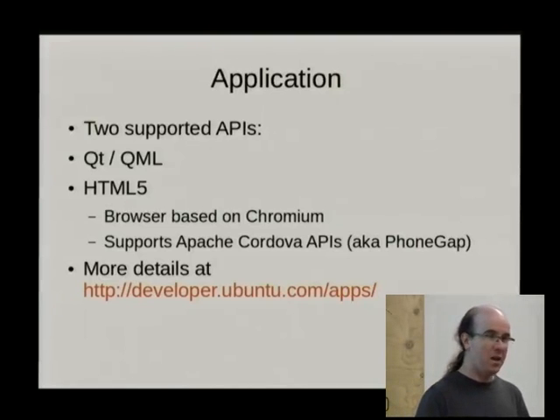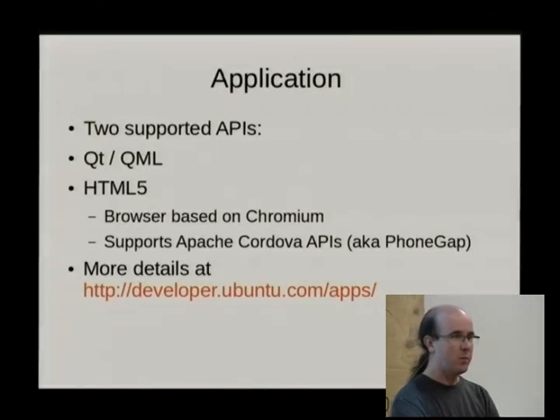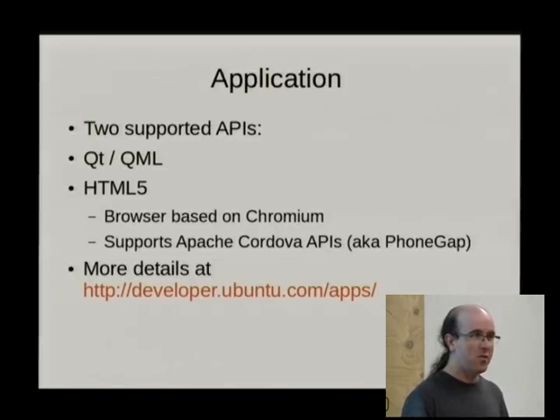And the other API is HTML5, and we support Apache's Cordova APIs for local web apps. This is probably better known as PhoneGap. The name got changed when it became an Apache project because the trademarks weren't transferred at the same time.